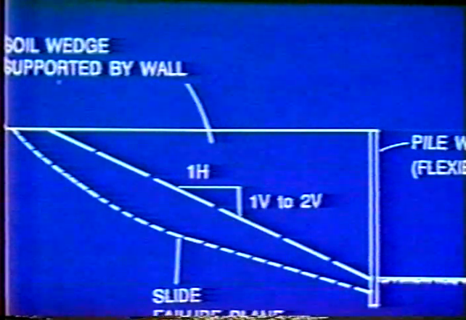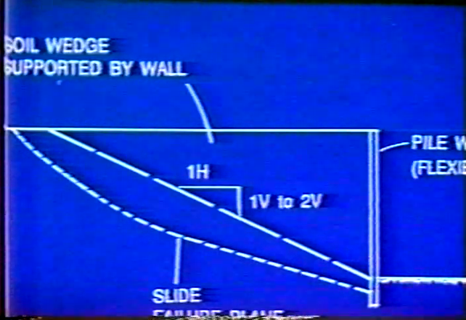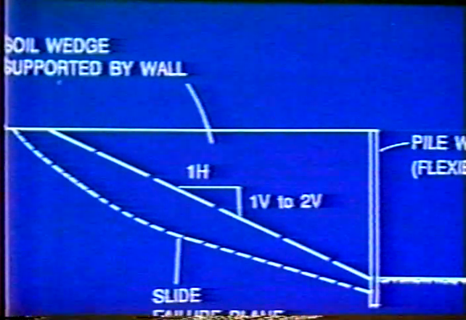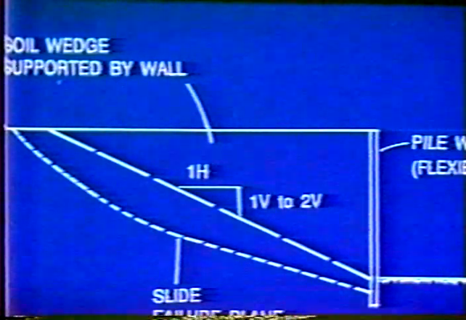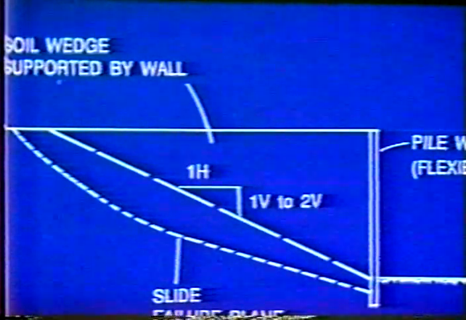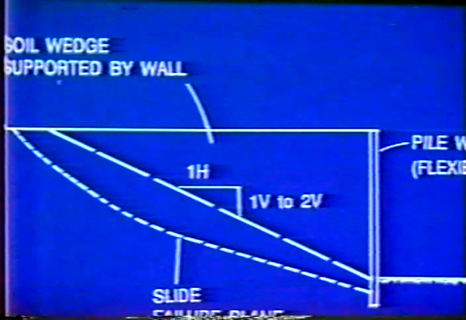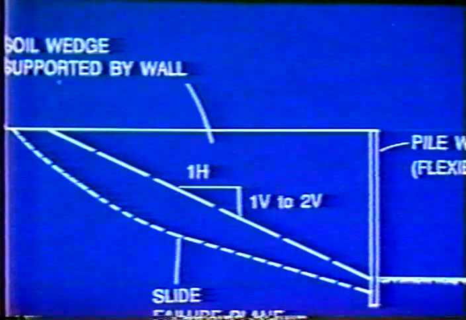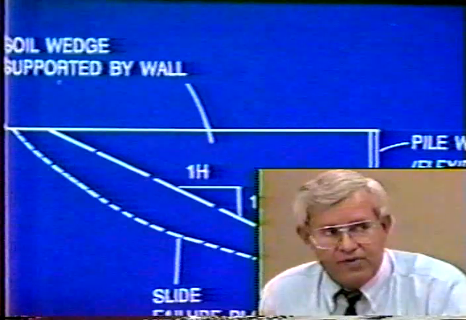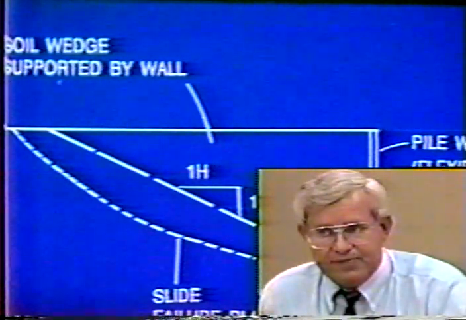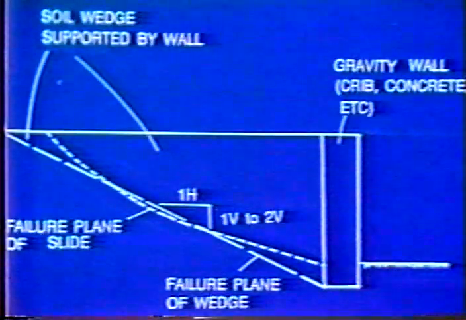And during your inventory, if you've got just a cross section, you can get an idea of what that failure mass looks like from the technique in the manual, and compare it to the guidelines that I show here. In other words, that slope there, 1/8 to 1 horizontal to 1 vertical to 2 vertical, you can plot that line, and that's about what that retaining wall is going to retain. It can't retain much more than that.